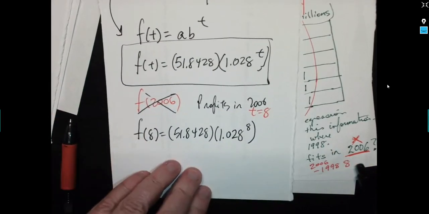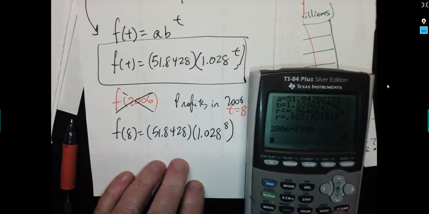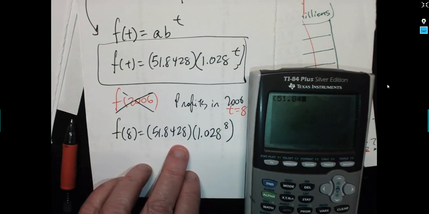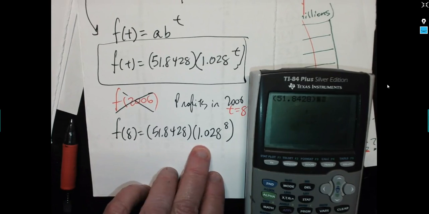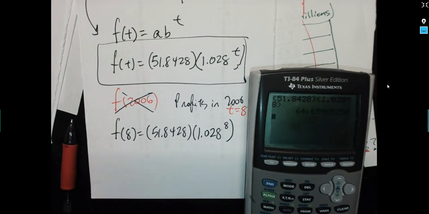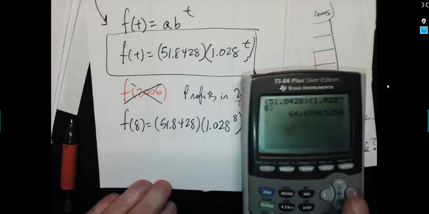And so that's what I'm going to put in there. So, parentheses 51.8428, close parentheses, 1.028 to the power of 8, close parentheses. And so there's a couple of ways we can do this.